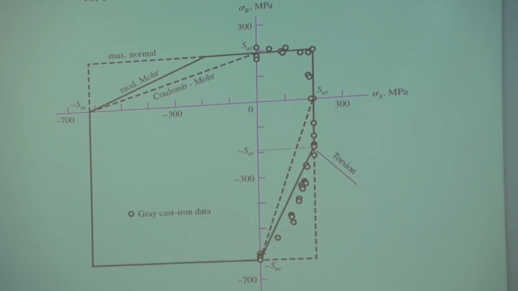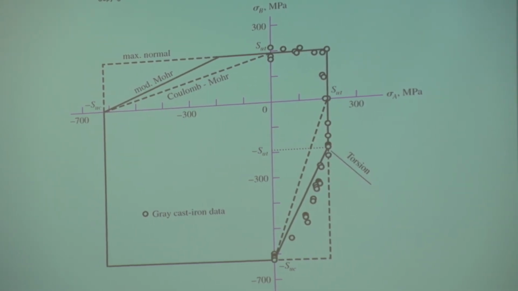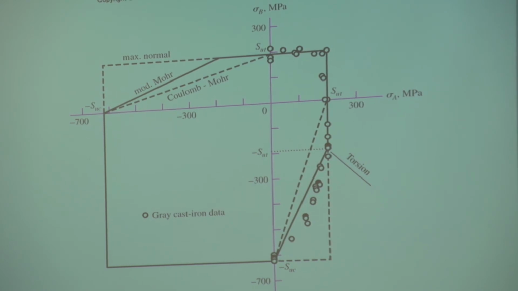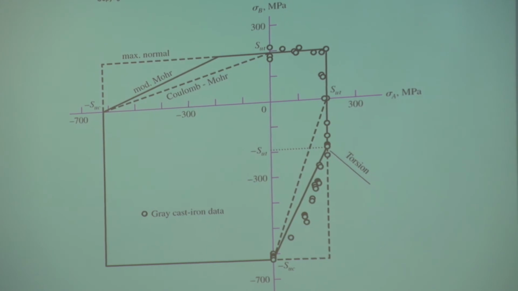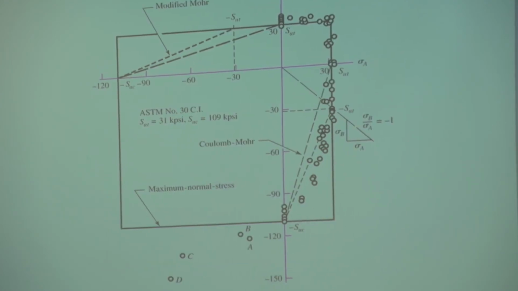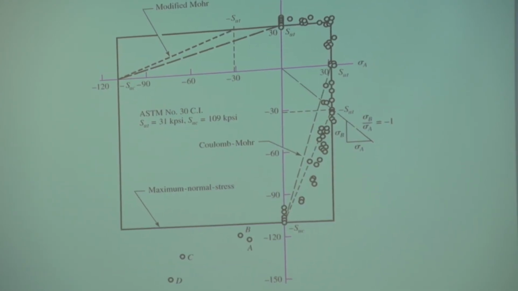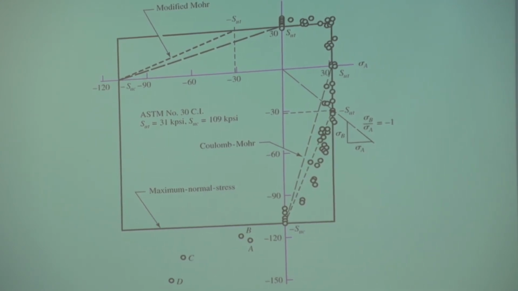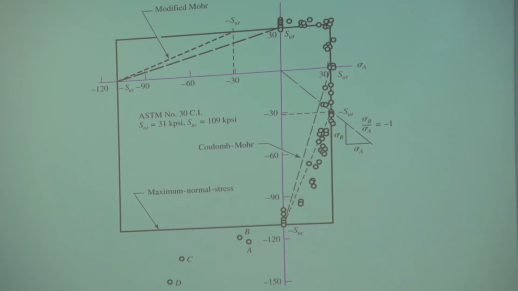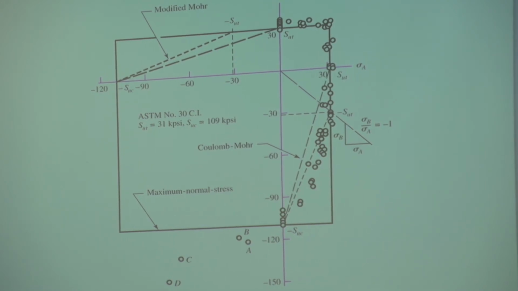That's why we should use the modified Mohr. The Coulomb-Mohr is a little bit too conservative. And this is that same one for a load of sigma A, sigma B, and all of that. So, okay. Any questions before I do a couple of example problems?